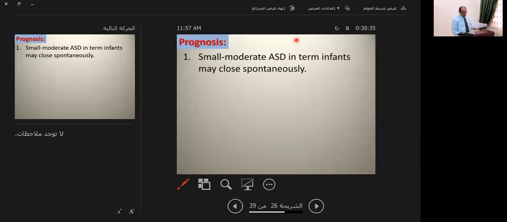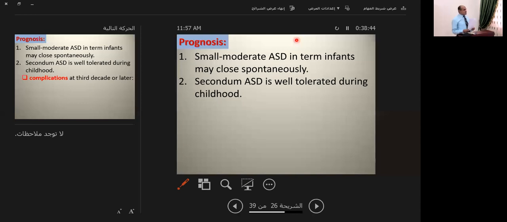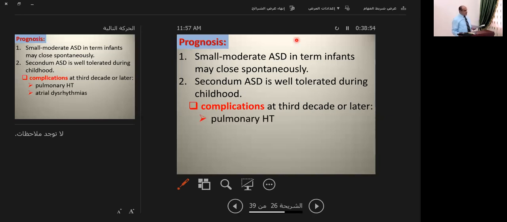Prognosis: small to moderate ASD in a term infant may close spontaneously. Secondary ASD is well tolerated during childhood, while complications occur at the third decade of life or more, including pulmonary hypertension due to increased pulmonary blood flow, resulting in hypertrophy of the pulmonary blood vessels. Atrial arrhythmia, which is common in the third decade of life.